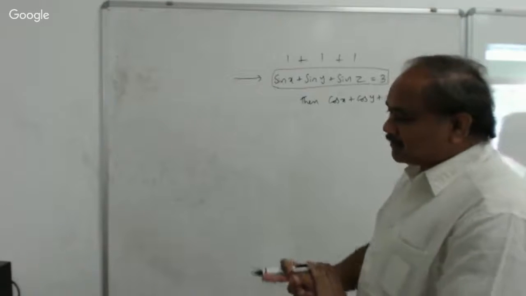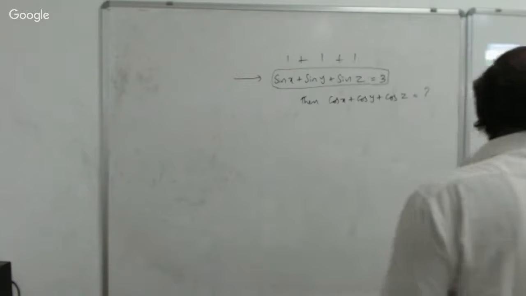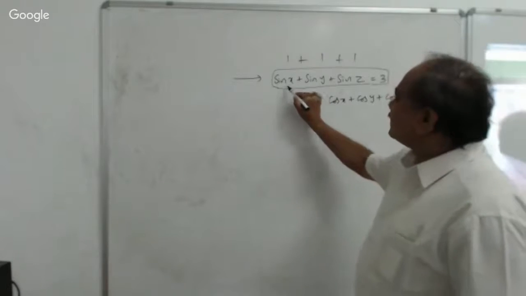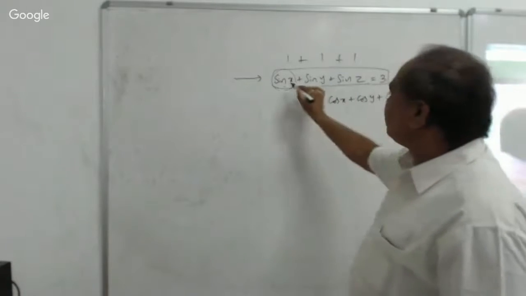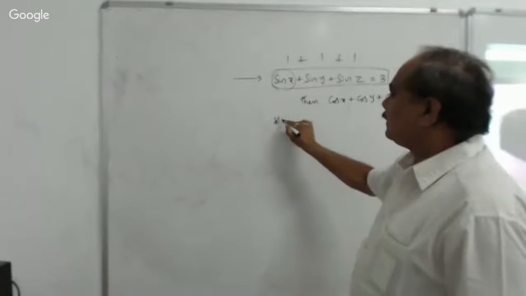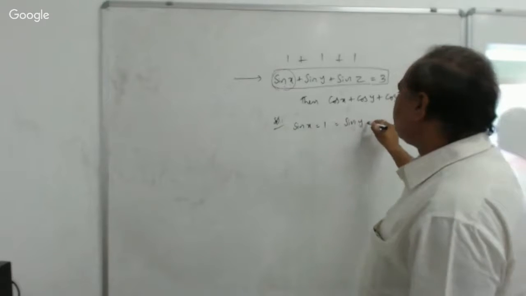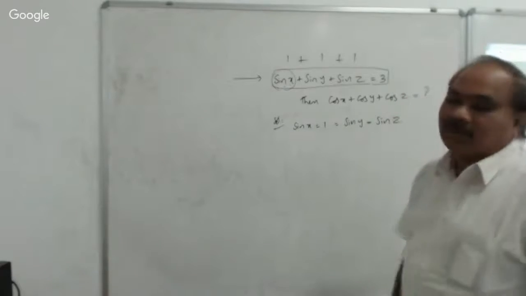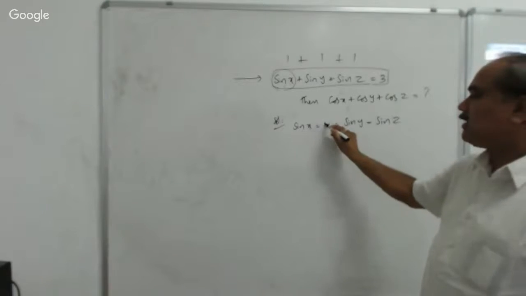The answer is 0. Somebody said that result: Sachin Mishra, 0. Very good. Why? Because the maximum value of sine is 1, therefore for a sum of 3 this condition is possible only when sin x equals 1, sin y equals 1, and sin z equals 1. We know that sin 90 degrees equals 1.